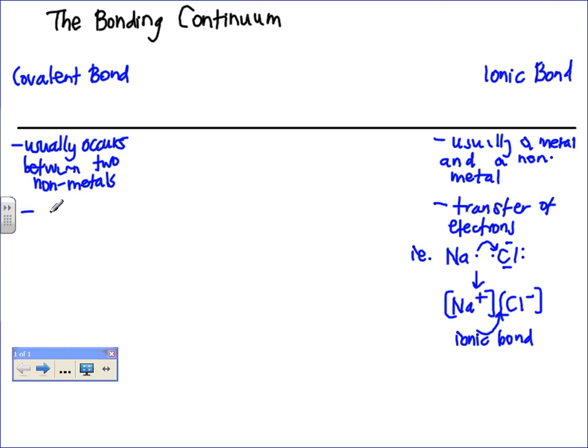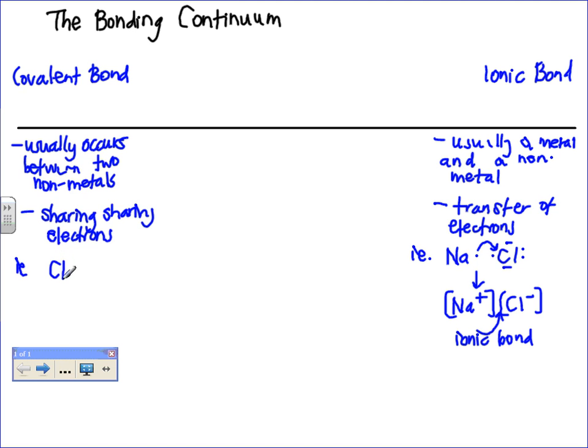Now in a covalent bond, the atoms will achieve stability by sharing electrons. So let's look at an example here.